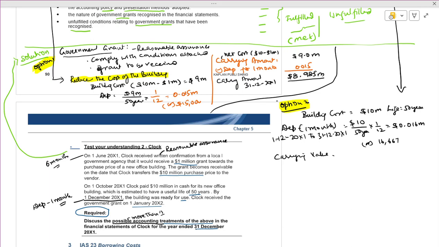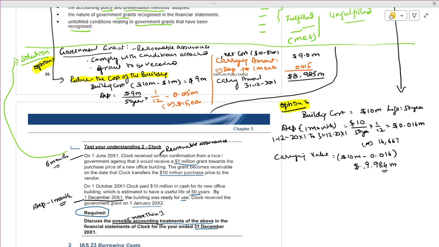The carrying value is 10 million minus 0.016. It comes to 9.984 million, 83 or 84.